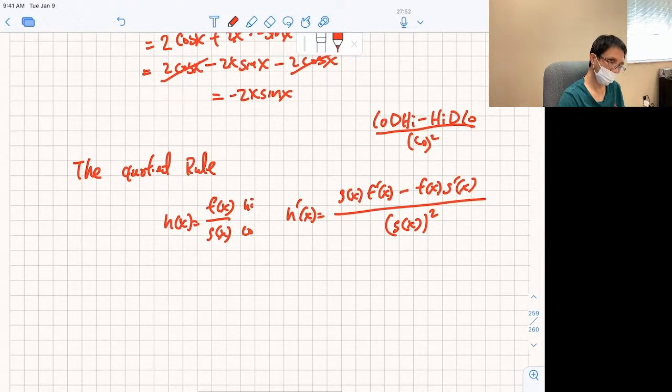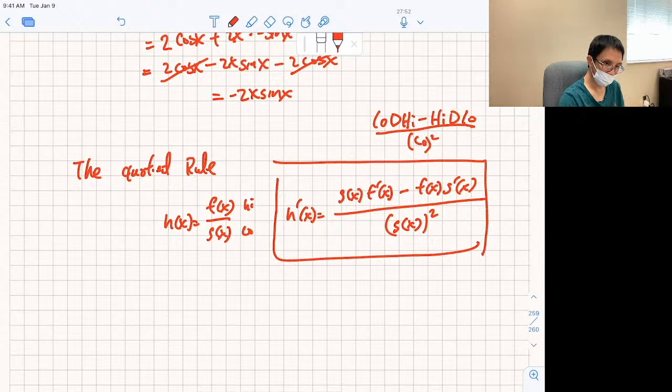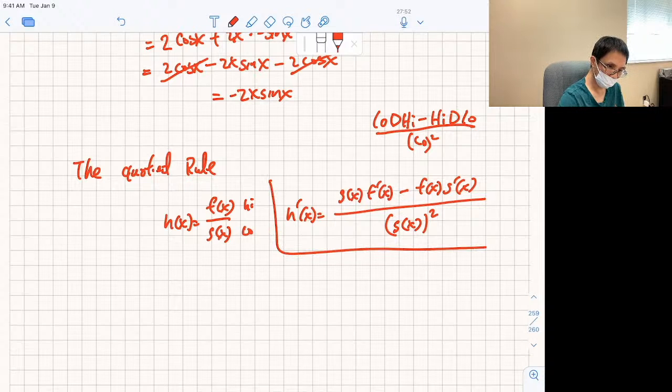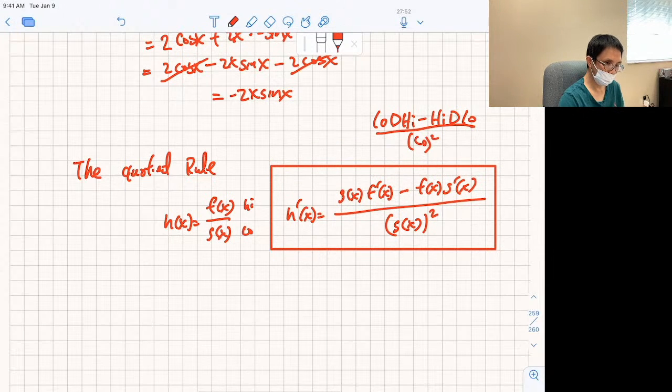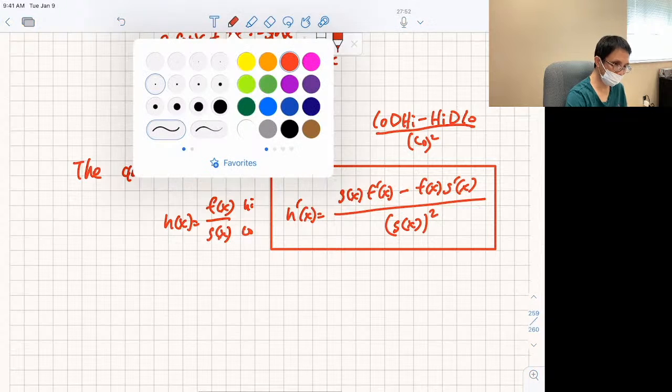Okay, so this is the quotient rule. Now we're going to use this rule to apply to this one.